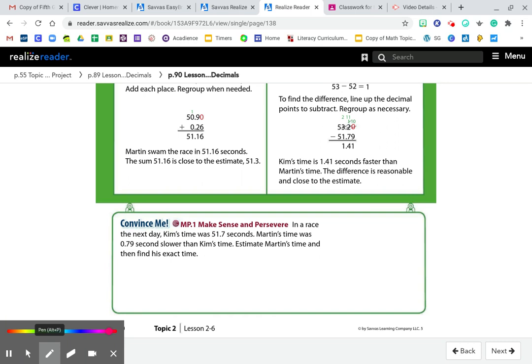In a race the next day, Kim's time was 51.7 seconds. Martin's time was 79 hundredths of a second slower than Kim. Estimate Martin's time and then find his exact time. So Kim's time was 51.7 and Martin was 79 hundredths slower than Kim.